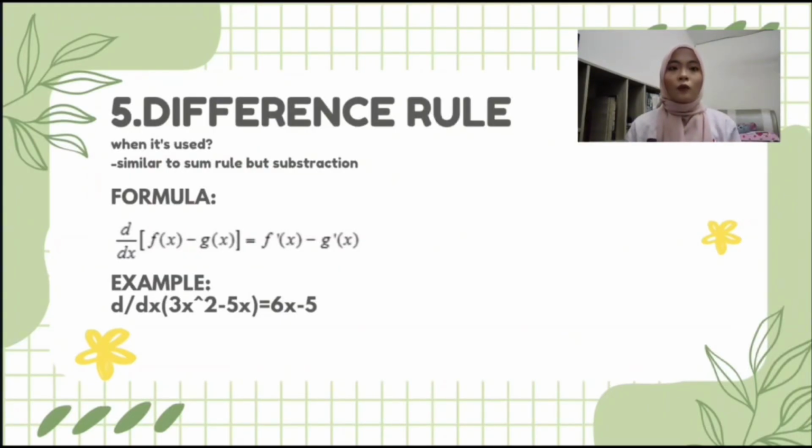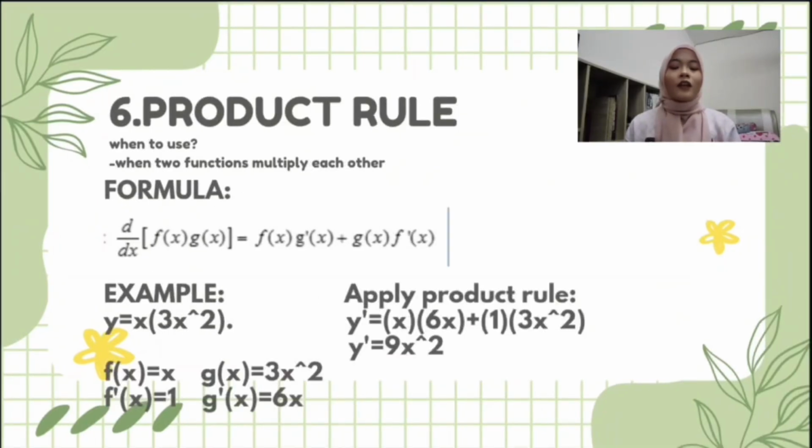We will move on to the sixth technique, which is the product rule. When to use the product rule? We use the product rule when two functions are multiplied with each other. Like the formula being given, when you got a question, we have to differentiate the two functions first, which for the f(x) function, we got x, and for the g(x), we got 3x power 2.